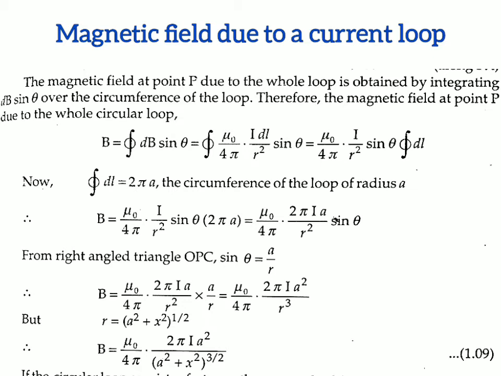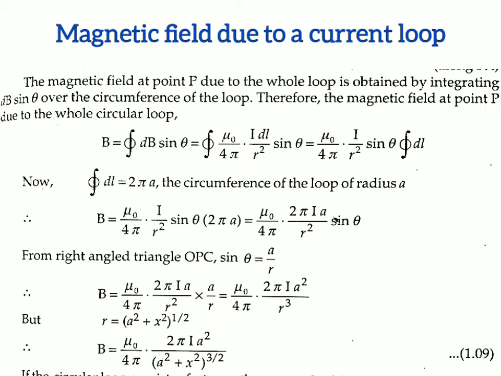And since R, again from the triangle OPC, is the hypotenuse, the hypotenuse is given to be root over the square of A plus the square of X. So R is equal to square root of A square plus X square. Hence, the final expression will be B equal to mu naught by 4 pi, 2 pi I A square divided by A square plus X square to the power 3 by 2.